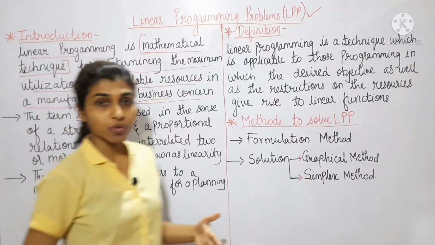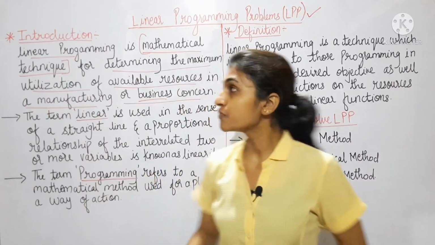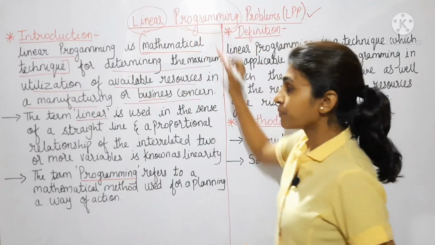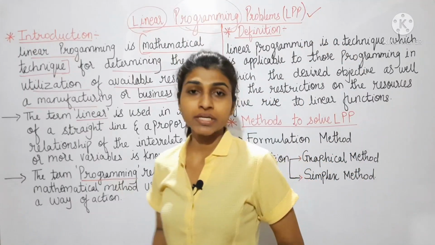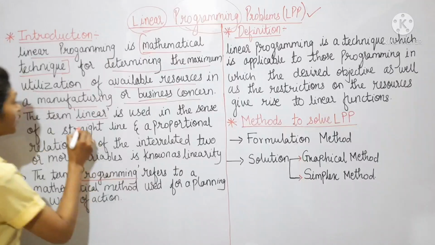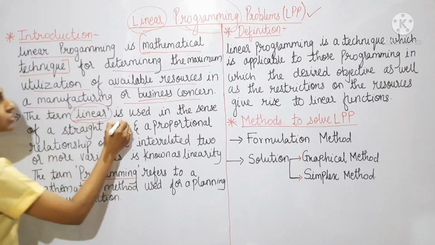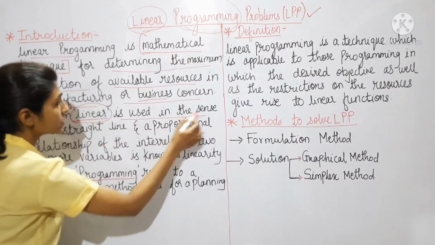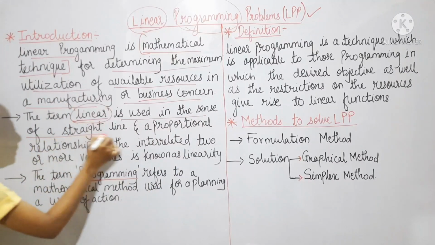Now in linear programming there are two terms. First is linear and second is programming. So what is the meaning of linear? The term linear is used in the sense of a straight line.